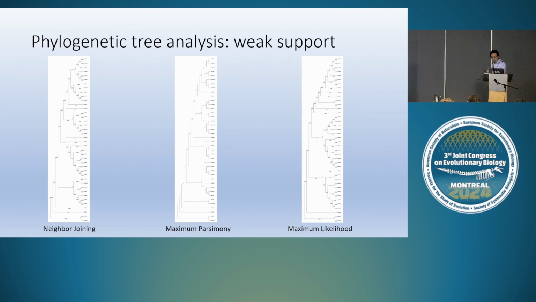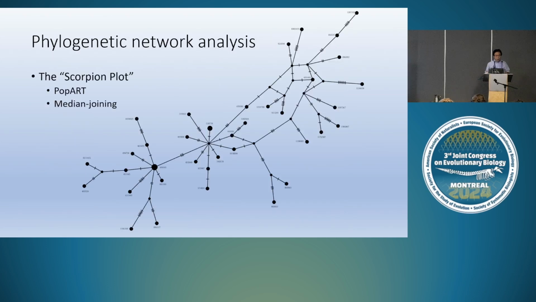And we did a phylogenetic tree analysis, weak support, okay? Then we used some phylogenetic network approaches to analyze the data. As you can see, we tried two different methods, and here, that's the alpha variant, okay? It could be traced back to the combination of two different lineages, one lineage and the other lineage combined together to give rise to the alpha variant, okay?